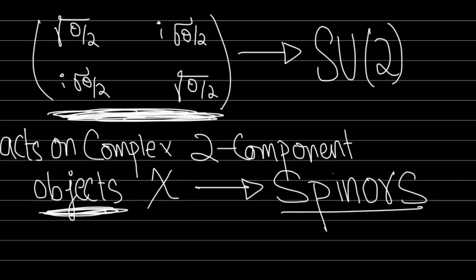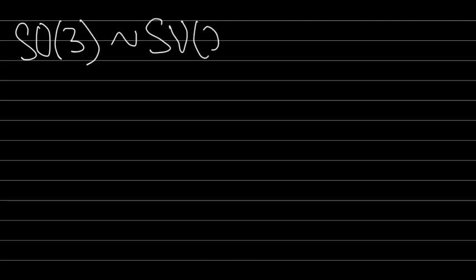So we can say that, at least near the identity in this vector space or manifold, SO3 is equal to SU2. That is, their Lie algebra is identical near the identity.